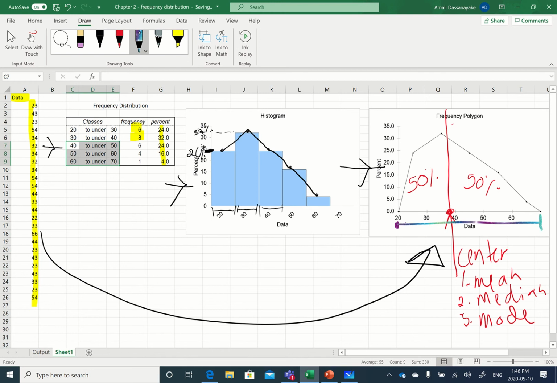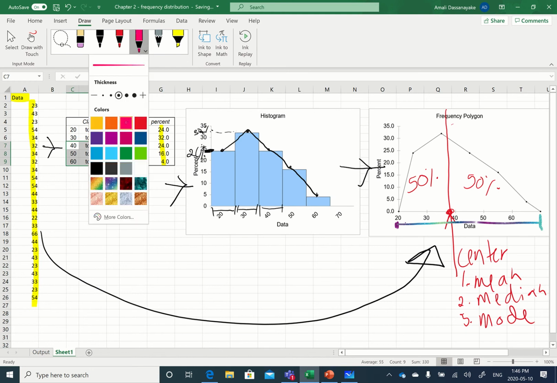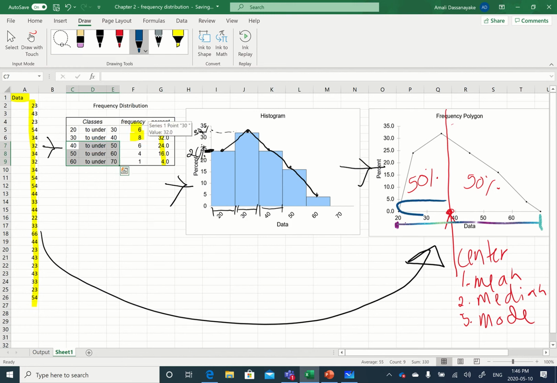We can measure it from that perspective, or else you can think about it as the spread around the average. You can say, I want to measure the spread around the center. Either way, we have measurements on that note.